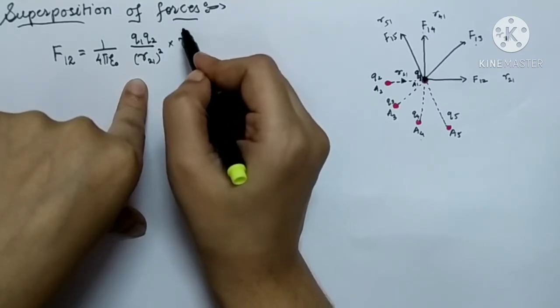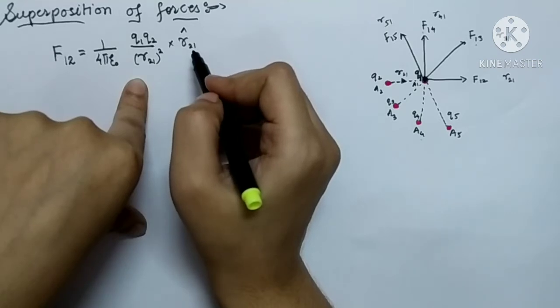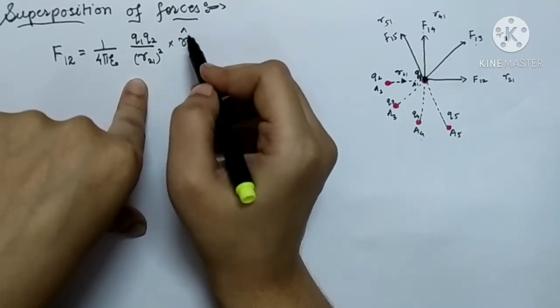In the last lecture we have seen that the direction is denoted by the unit vector when you multiply it with the force, so it is R21 hat.